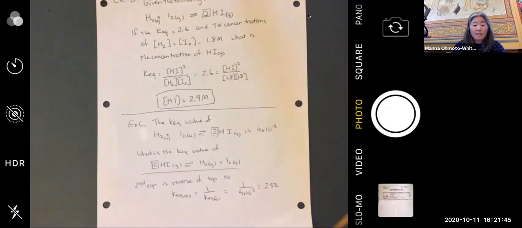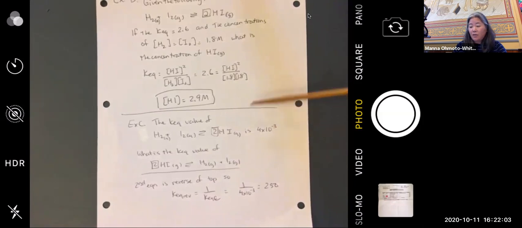Now example C, the KEQ value, you're trying to find the KEQ value of this reaction is 4 times 10 to the negative third. Again, there's no units, it's just a dimensionless constant. Dimensionless just means there's no units. So what's the KEQ value of the reverse reaction?